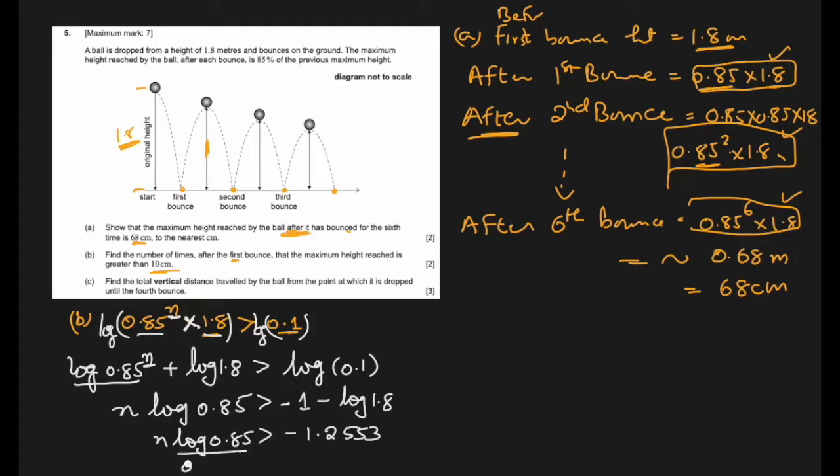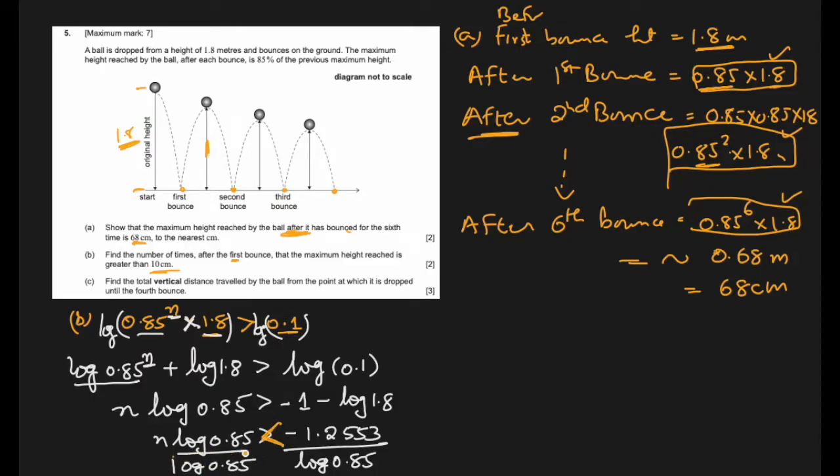Now we will divide both sides by log 0.85, and keep in mind, whenever we find the log of a number which is less than 1, it is always negative. That means we are dividing both sides by a negative number. Whenever we divide by a negative number, the inequality changes. So this will become less than, because we divide by a negative number.